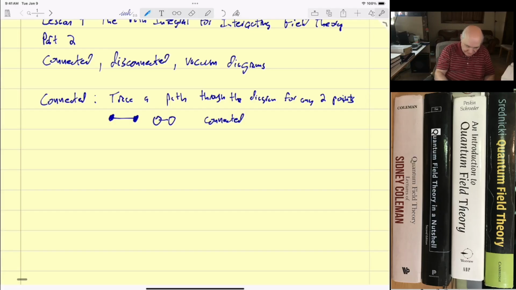And disconnected just means a sum of a finite number of connected diagrams.